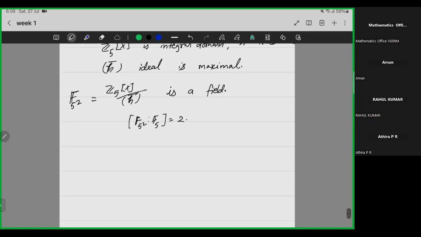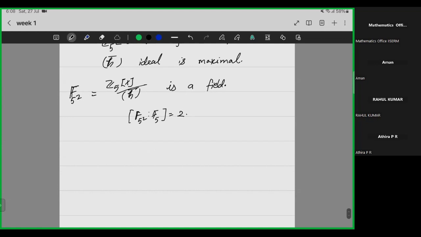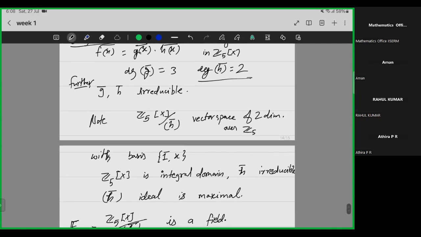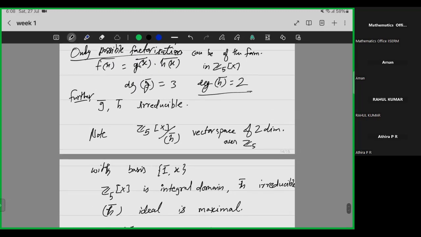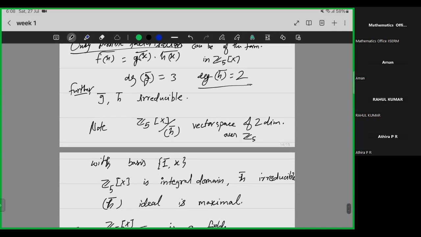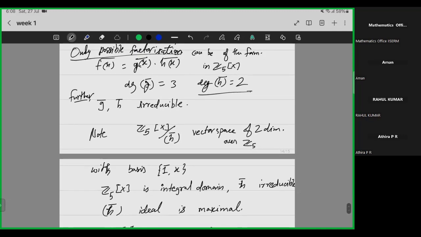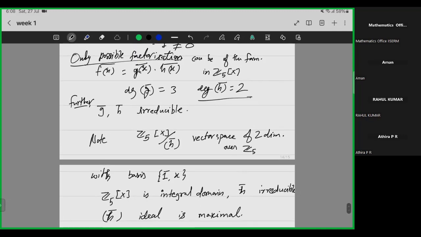Okay, now what we have to show is that such an h bar will give us a contradiction. Note that x satisfies f(x) here.